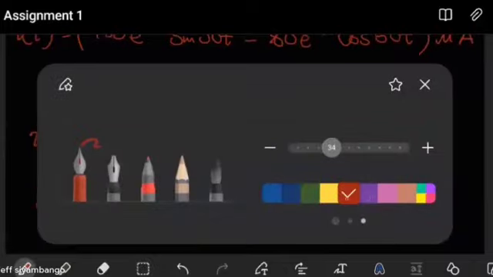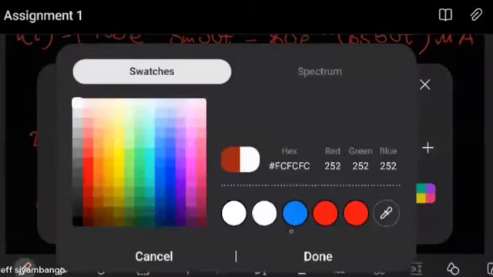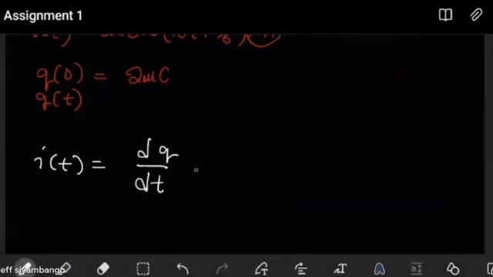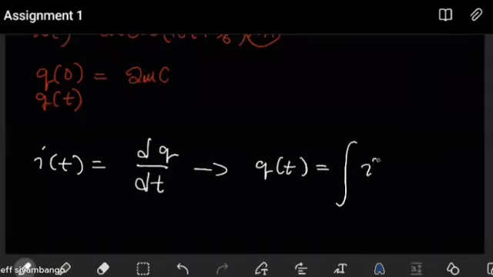Well, again, it starts with what we pointed out earlier to say that the definition of current is the rate of flow of charge with respect to time. But from this expression, when we make Q the subject, we see that Qt will be equal to the integral of IT with respect to time.